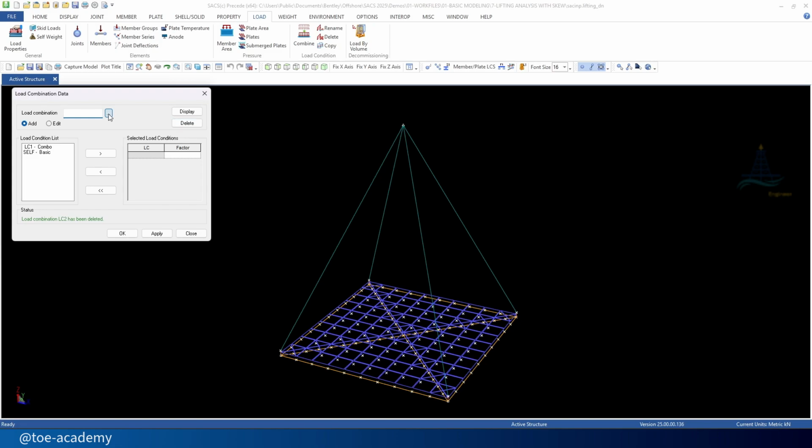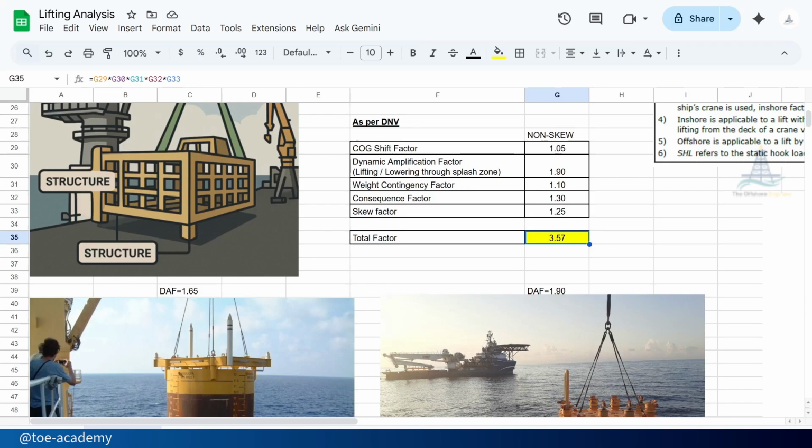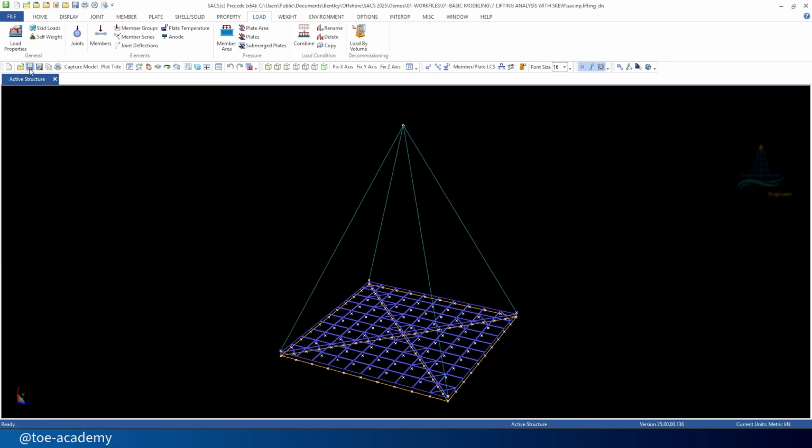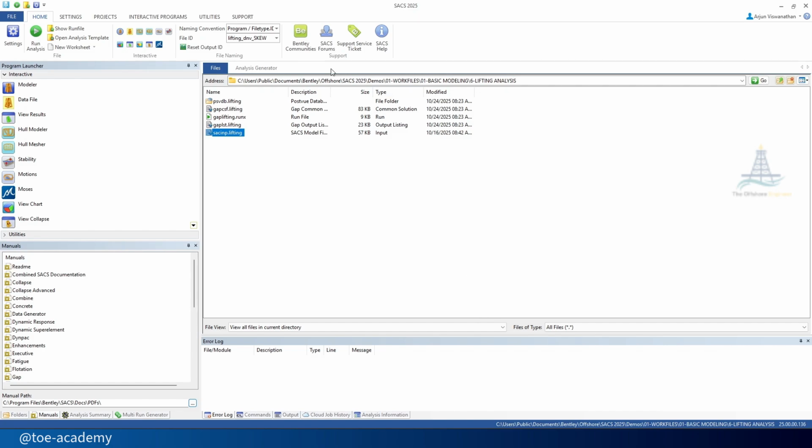So LC1, I will change the factor to 3.5. Let me take a look again. It was 3.57. Now let me close it and I can do the analysis.